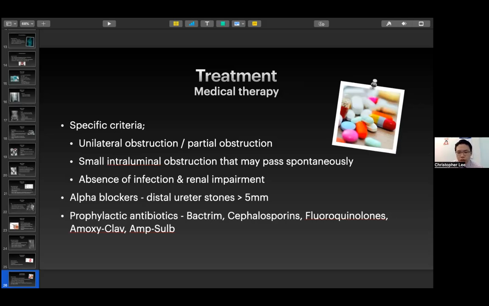Because if the stone is less than 5 millimeters, then it has an equal chance of passing even without the medication. You may also consider giving prophylactic antibiotics. The common ones we use are Bactrim, cephalosporins, fluoroquinolones like Ciprofloxacin, and Augmentin. These are all useful for urinary tract infections.